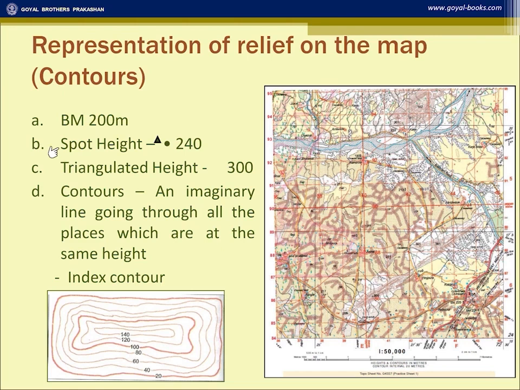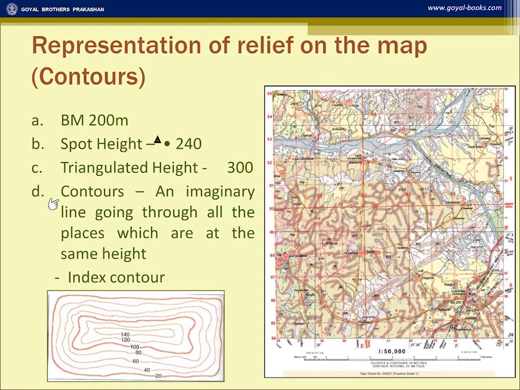The spot height shows that the height of that particular point is 240 meters. The triangulated height is shown by a triangle beside it, meaning that the particular survey has been done by the triangulated method and the height of that particular point is 300 meters.